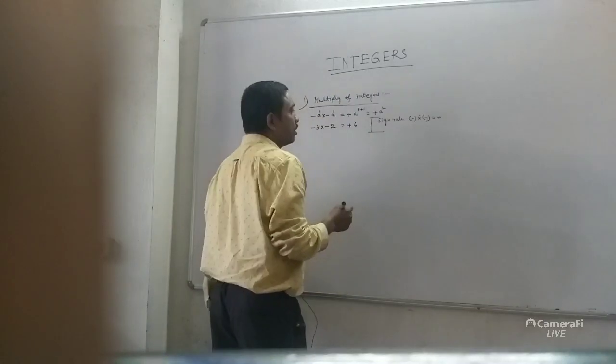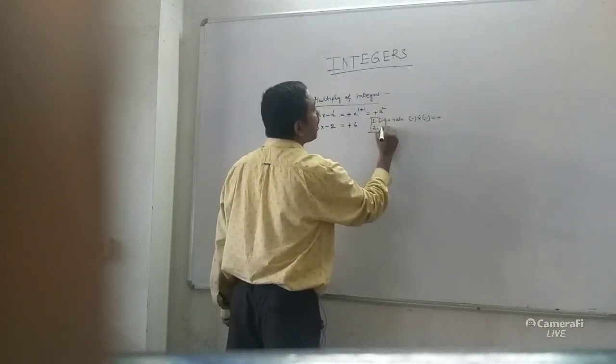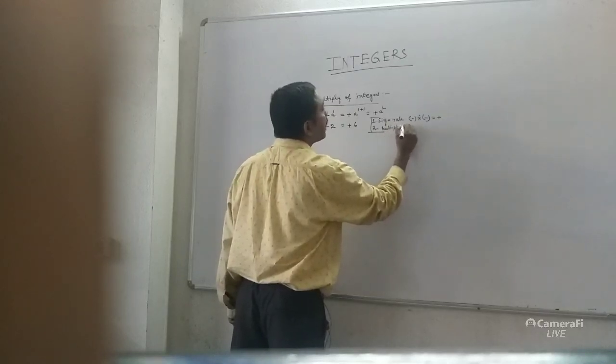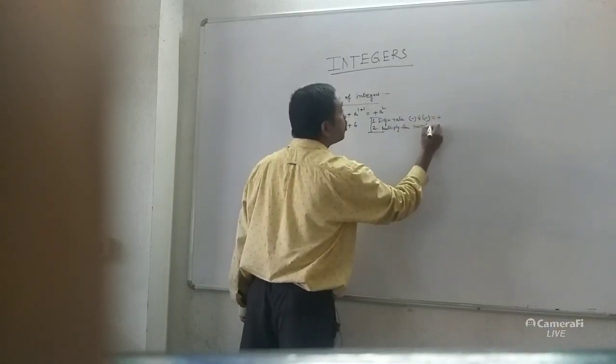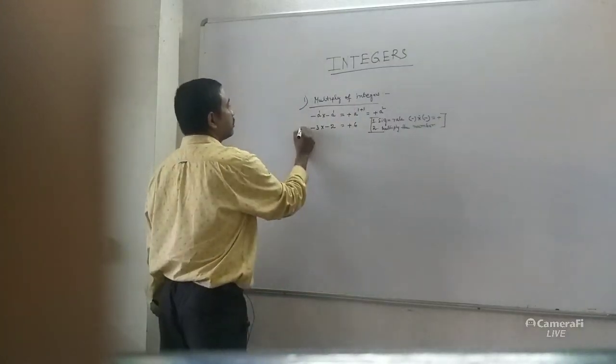So this is the sign rule, the first stage. Second stage, what should you do? Multiply the numbers. In this way you can do it. Very important concept.